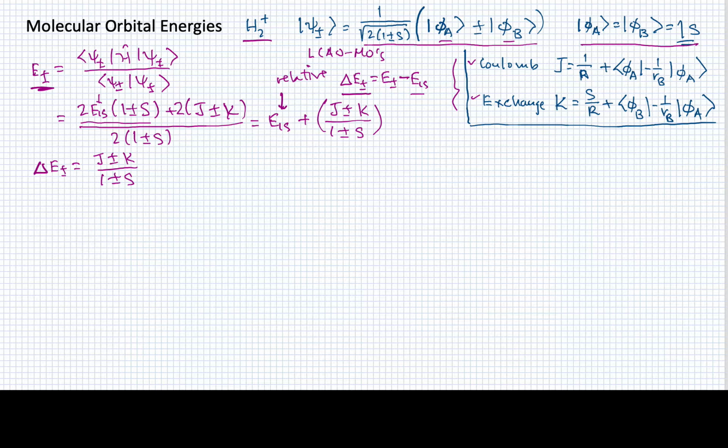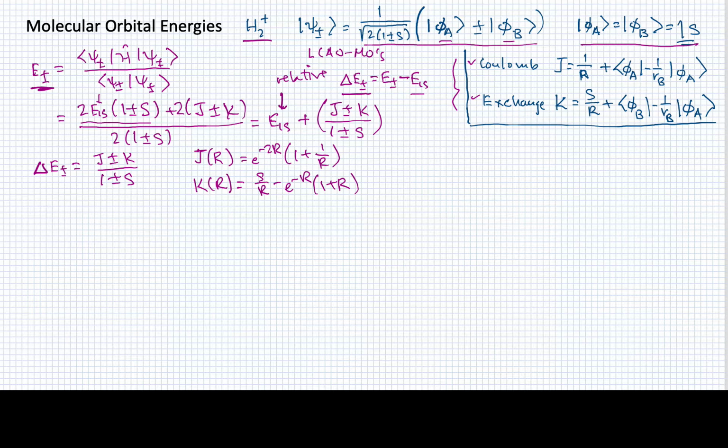And in fact, what we would get when we do that is the Coulomb integral would be equal to e to the minus 2R times 1 plus 1 over R. The exchange integral, as a function of R, would be equal to S over R minus e to the minus R times 1 plus R.